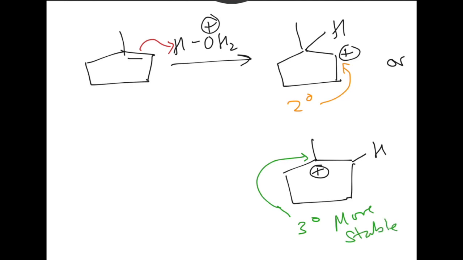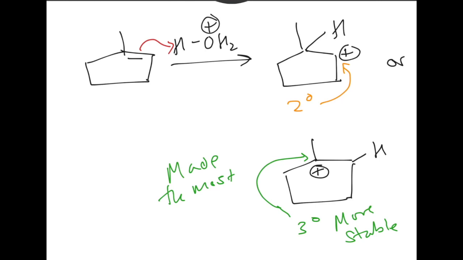Remember, your molecules are always going to take the path of least resistance. Since this one's most stable, it's made more, or made the most, or made exclusively. We make the one that's more stable. So that carbocation is then where the water can act.